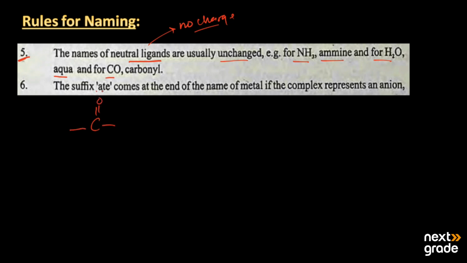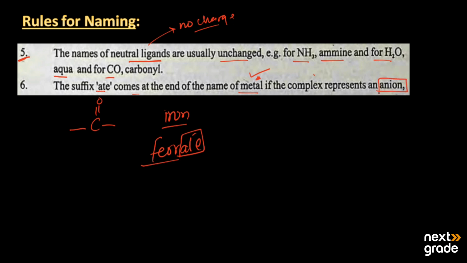Then the suffix "ate" comes at the end of the name of the metal. Like if there is iron, then we will use ferrate. So the suffix "ate" comes at the end of the complex name, representing that this is a metal, and that it is an anion.